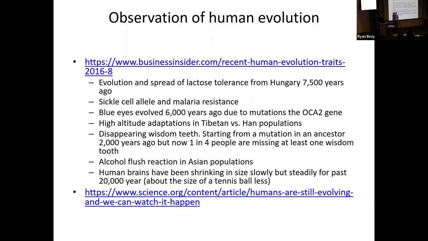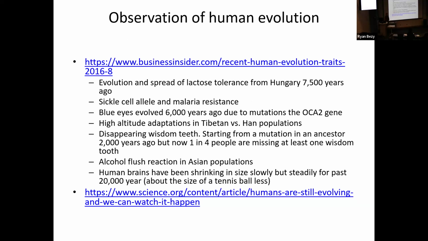But about 7,500 years ago in the Hungary region, in Europe, there was a mutation that took that lactose processing enzyme that was only on in infants and made it so that it also stayed on in adults, and the adults could eat the milk properly as well.